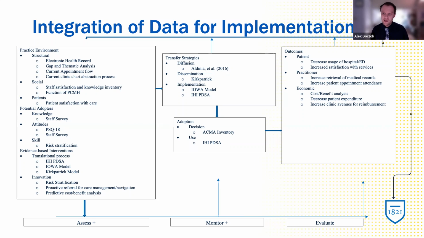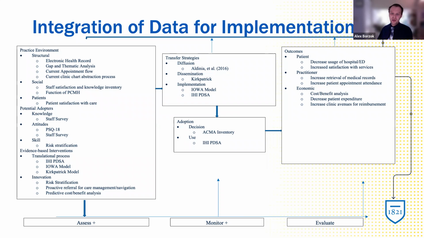And then finally, the outcomes. We want to look at and see if we have actually been able to decrease usage of the hospital and emergency department. We have increased satisfaction between both patient and practitioner with the services that are being provided, that they're appropriate, specifically to the practitioner, that we are retrieving medical records consistently, that we have consistent attendance to the appointments with the patients.